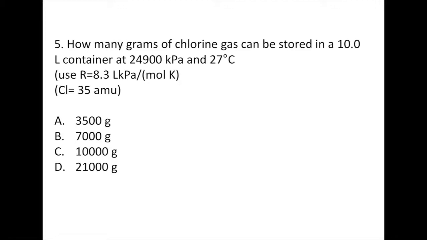For question number 5, how many grams of chlorine gas can be stored in a 10-liter container at 24,900 kilopascals and 27 degrees Celsius? Use R as 8.3 liter kilopascals per mole Kelvin and chlorine as 35 atomic mass unit. Now, obviously, this problem involves the ideal gas law.